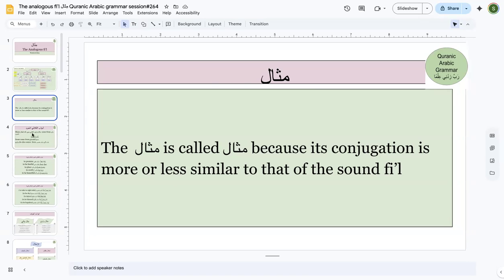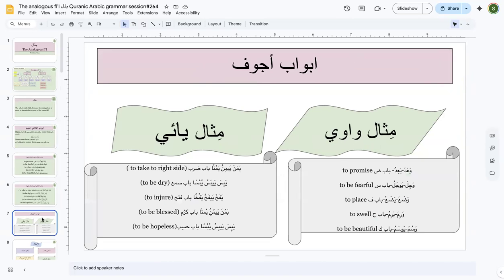So when it comes to the two types of misal, as I mentioned, it can be misal wawi and misal yai. It can come from different clans: daraba, samia, fataha, hasiba, karuma. Everyone with me? You will notice that misal can come from the five clans.